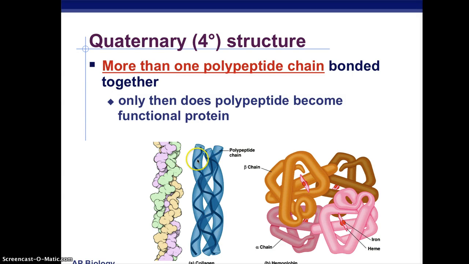So here with collagen, we actually have 1, 2, 3 polypeptides that have been folded into their tertiary form, interacting to form a quaternary. So quaternary structure is multiple tertiary forms of proteins interacting together. Hemoglobin, we have 1, 2, 3, 4 folded polypeptide chains, and they are attracted by their hydrophobic interactions.